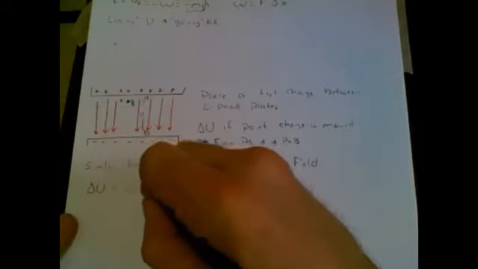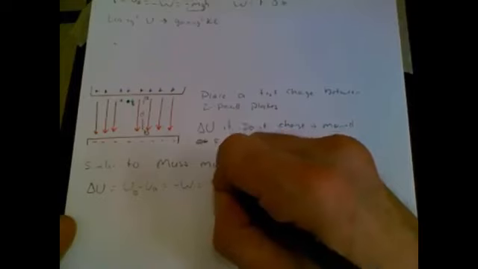And what I'm going to say is my change in potential energy. Again, I know I'm going from potential to kinetic. I'm transforming energy. My change in potential energy is, in this case, UB minus UA. And we know, again, that's going to be the negative work done, which by definition of work is my negative force times my distance. I have F dot D. And now we're going to start to use some electricity things.